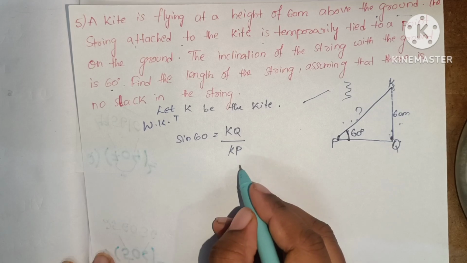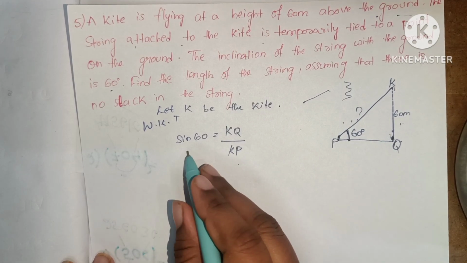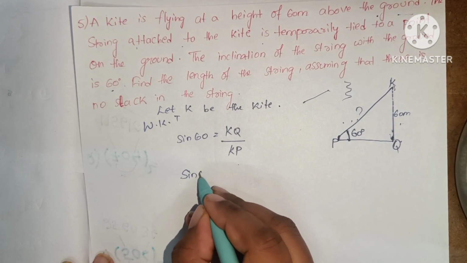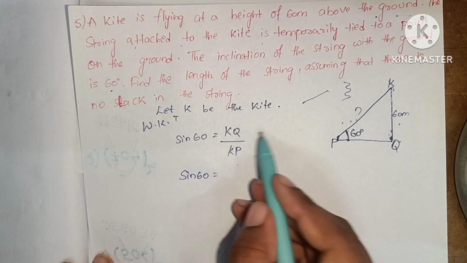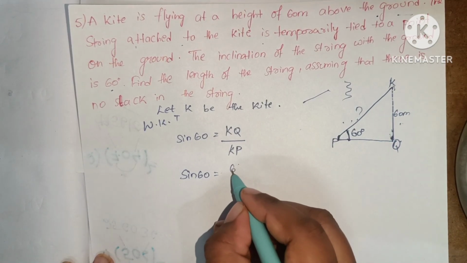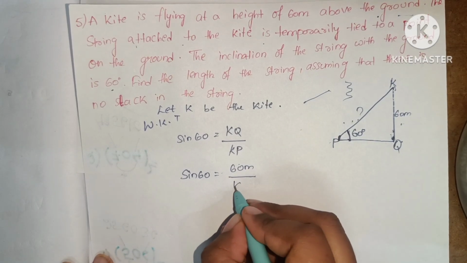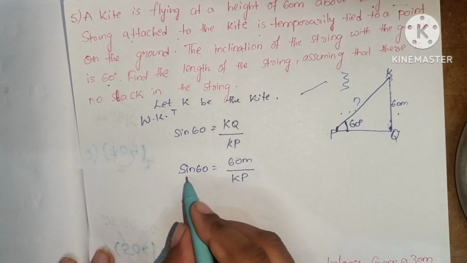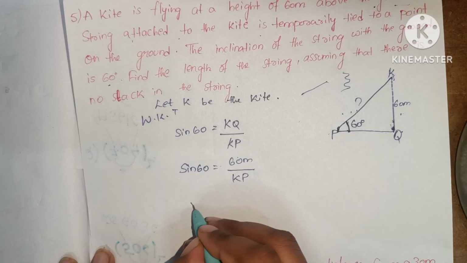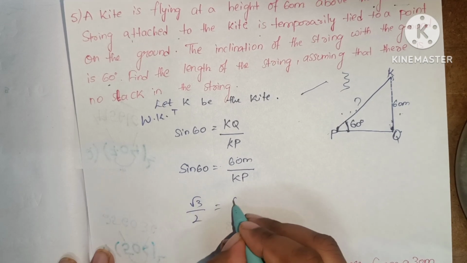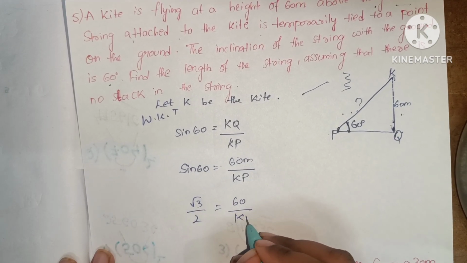So sin 60 equals KQ by KP. So sin 60 equals KQ, how much here? 60 meters by KP, which you have to find out. So I wrote here KP. So sin 60 value, what is it? Root 3 by 2 equals 60 by KP.